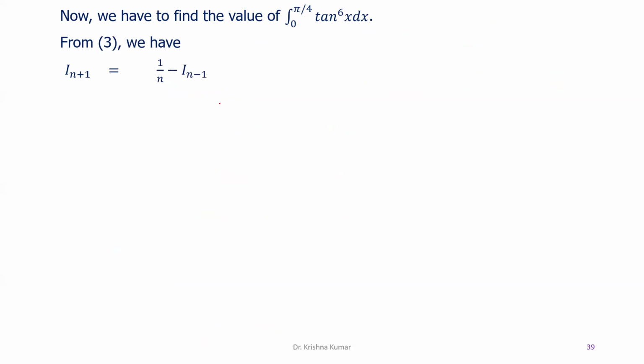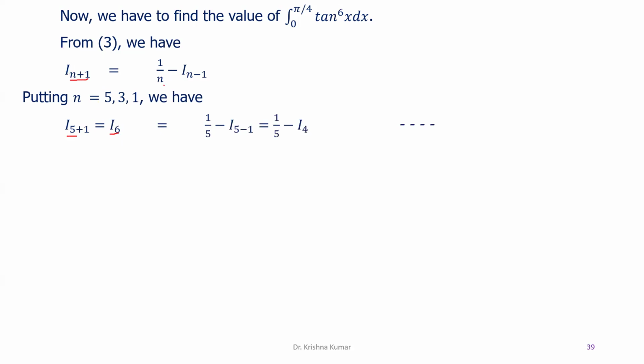Now, we want to find out the value of I6. So here we have to put n equal to 5. So putting n equal to 5, 3 and 1, let us first put n equal to 5. It will become I(5+1), which is I6, equal to 1 upon 5 minus I(5-1), which is I4.